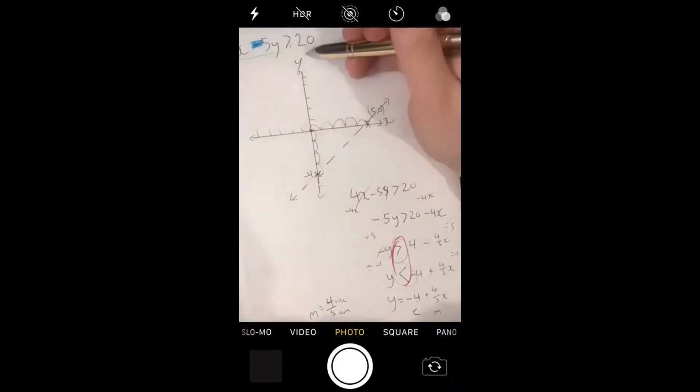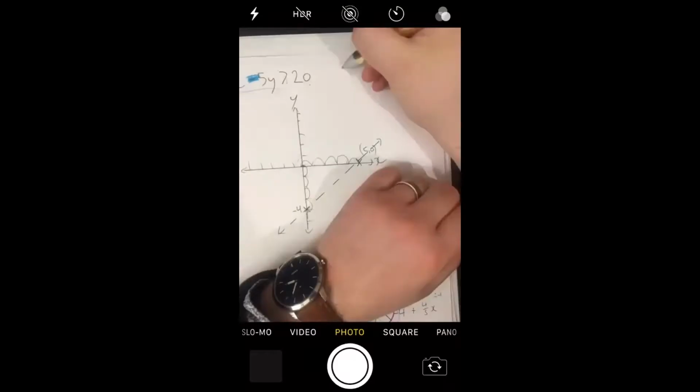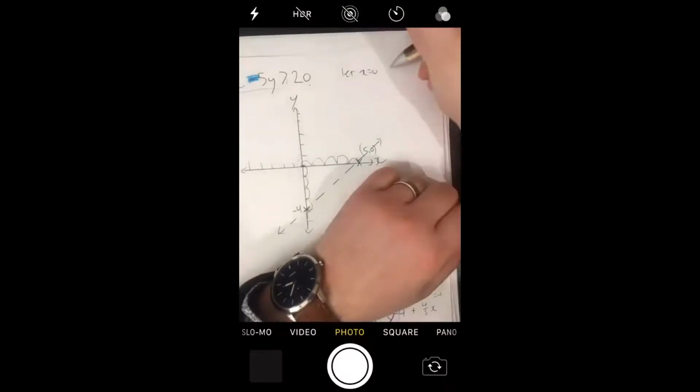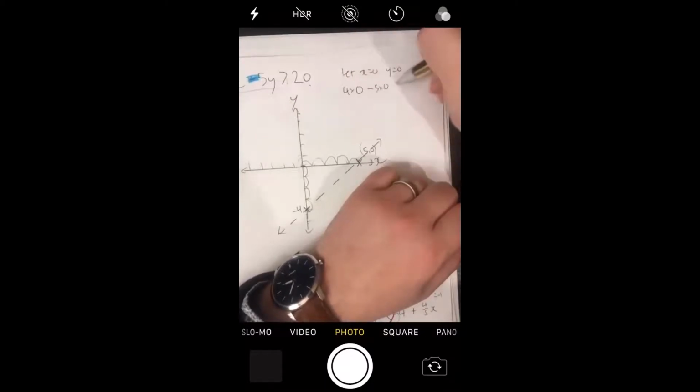How do I do that? Well, what I do is I let x equal 0 and y equal 0. So then that means you get 4 times 0 minus 5 times 0 is greater than 20.